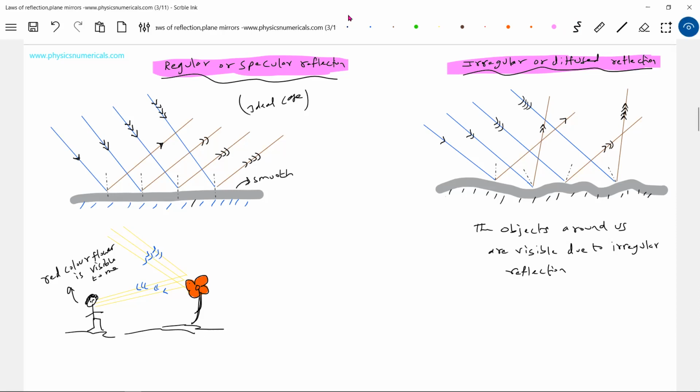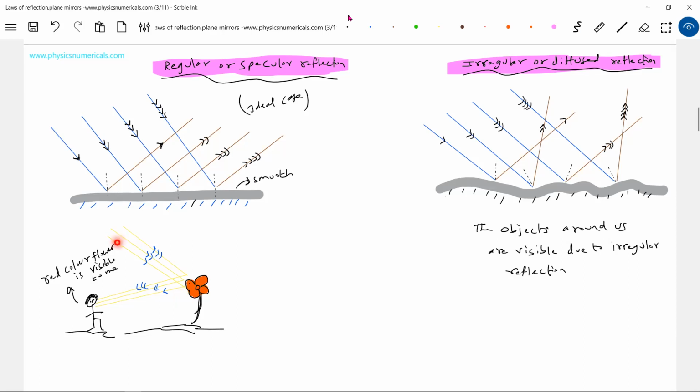Let's assume it's completely dark, midnight, with no street lights. Why is the same red flower not visible? Because the flower is a secondary source. It will not emit light of its own. Why is the flower visible?